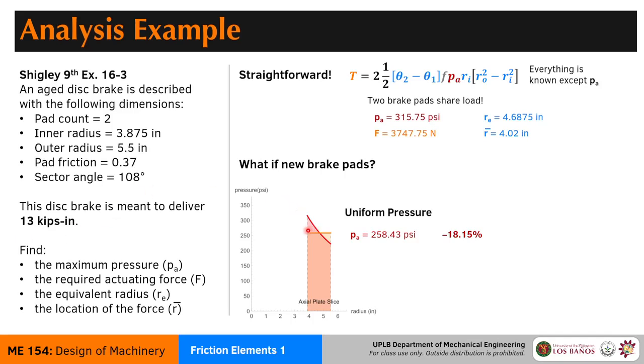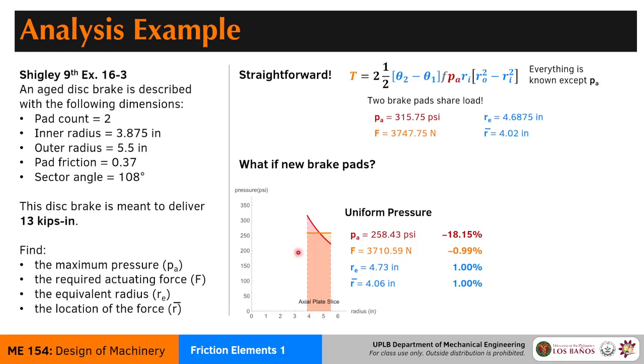So orange here is the uniform pressure model. Red here is the uniform wear. Will that show up in the force? Like, will there be a significant effect on the force? Not really, not so much. Even though there's a lower pressure required here, the uniform wear distribution has a bit of it being higher, but some bit of it being lower than the uniform pressure.